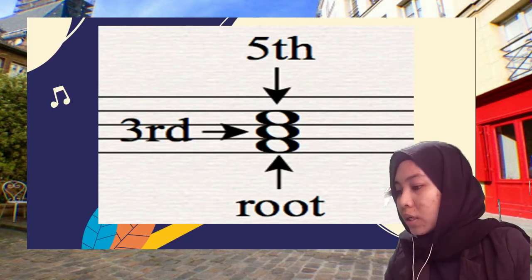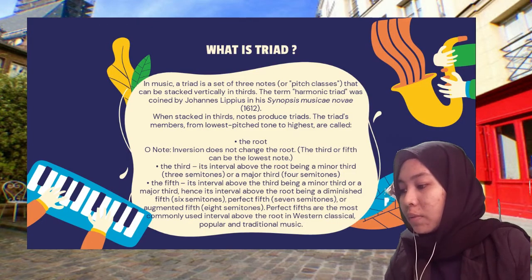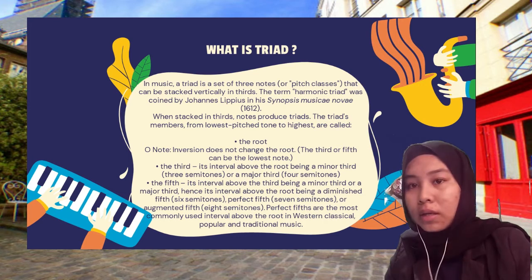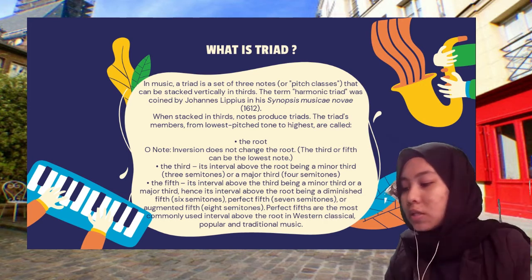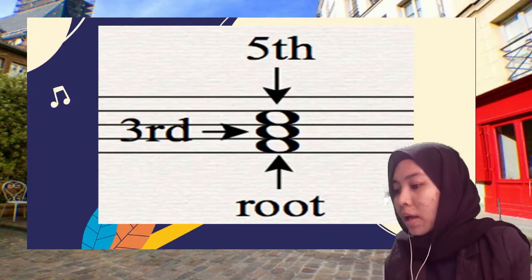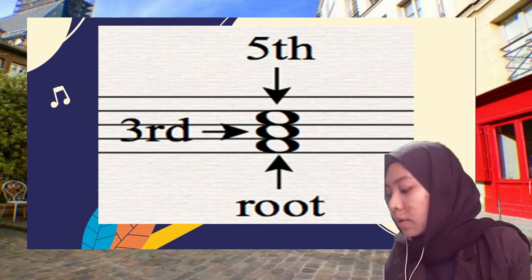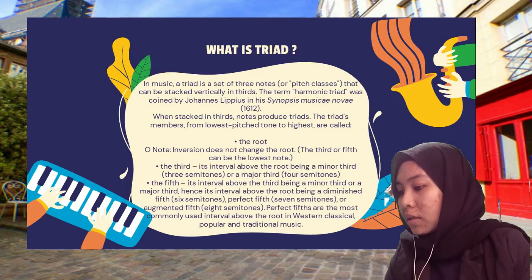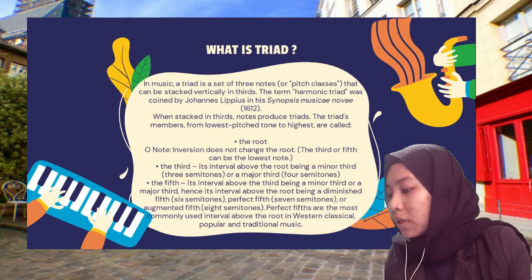And then the third is the interval above the root, being a minor third, which means 3 semitones, or a major third, which is 4 semitones. And then the fifth is the interval above the third, being a minor third or a major third.